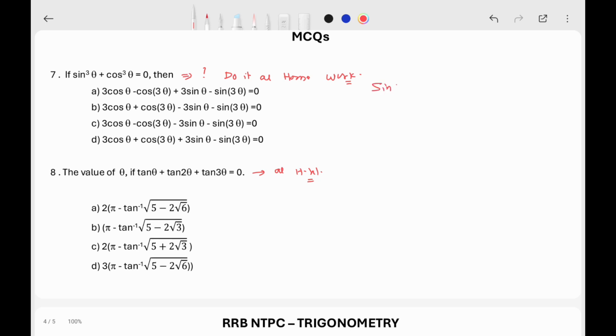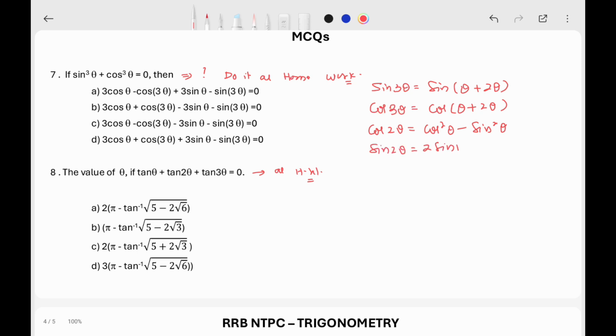Sin 3 theta is equal to sin of theta plus 2 theta, and cos 3 theta is equal to cos of theta plus 2 theta, and cos 2 theta is equal to cos square theta minus sin square theta, and sin 2 theta is equal to 2 sin theta cos theta. Another hint: if sin theta is equal to some value x, that means theta is equal to sin inverse x.